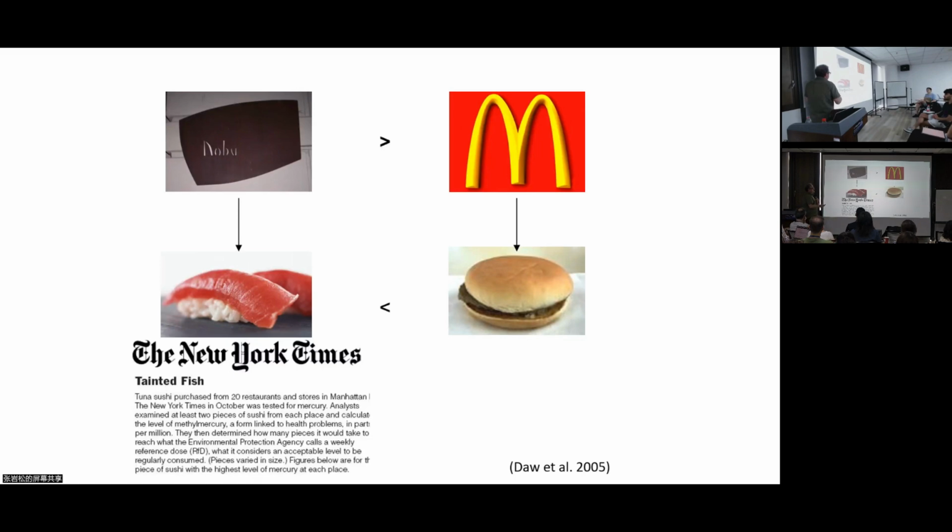But that's true because of this chain of reasoning that goes through the subway to the restaurant, to the menu, to the fish, to the mercury. If I don't work through that whole chain of reasoning, and I just have a Q value in my head that says getting on this subway is better than getting on that subway, then reading about fish in the New York Times isn't going to change anything.